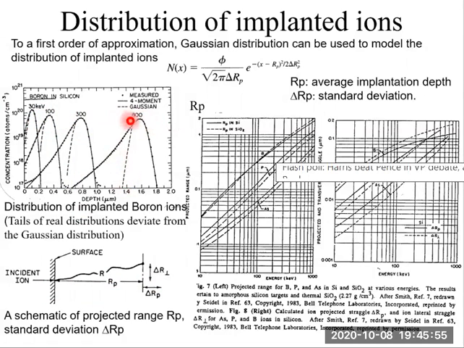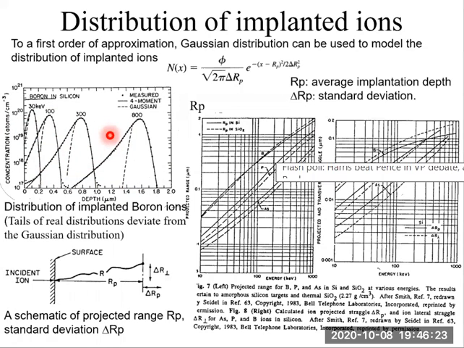The dashed lines represent the theoretical Gaussian distribution, and the solid lines represent the real distribution. Then we can observe that the tails of the real distribution deviate from the theoretical Gaussian distribution.